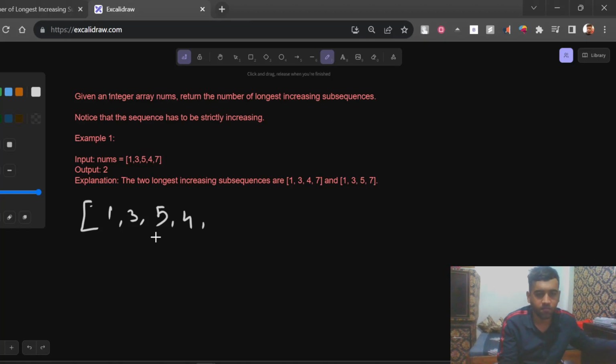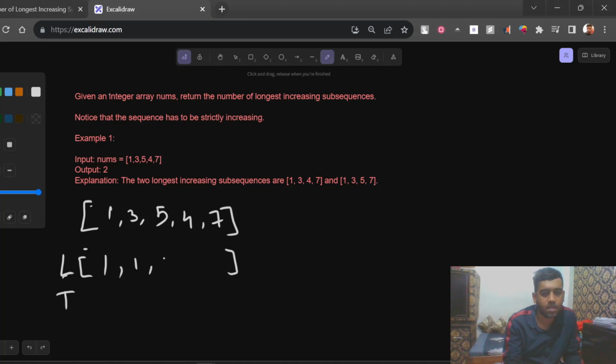The second is L, the longest, and C for the count. There are two arrays that we are going to declare, both having the same number of elements as the array, all 1s: 1, 1, 1, 1, 1.